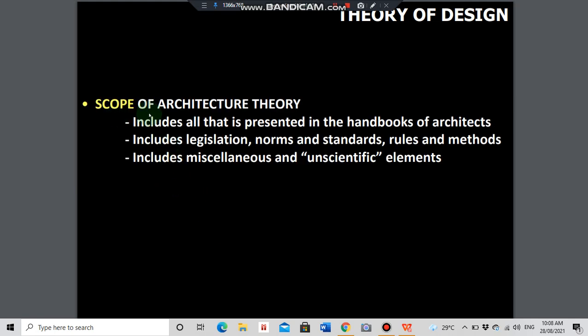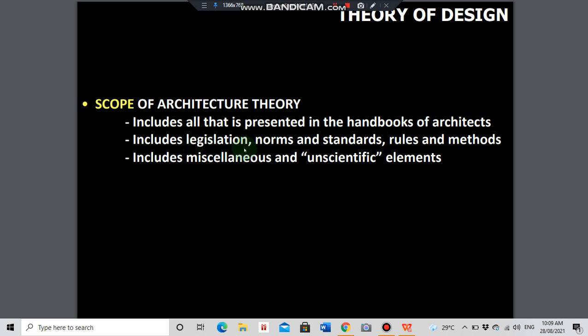Scope of architecture theory includes all that is presented in the Handbook of Architects. So all of these references, the theory of architecture, building technology, architectural design books are included too, and it includes legislation.